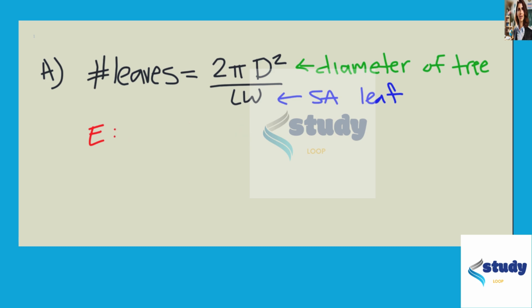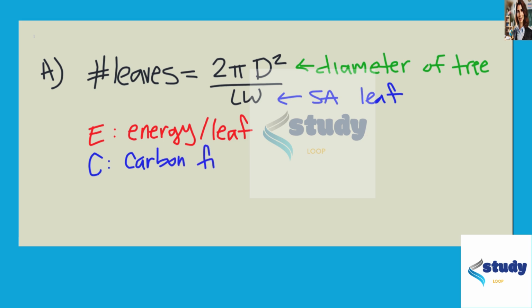So if we let E be the free energy per leaf, then we'd also need to know how many carbon atoms are fixed by that amount of energy, right?